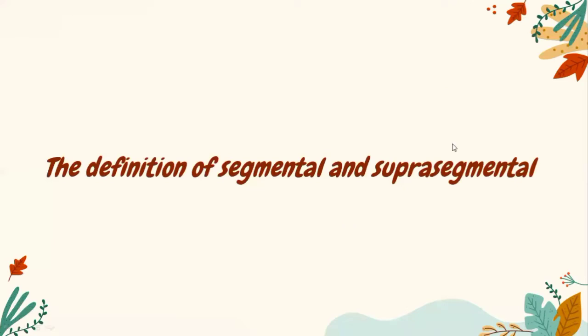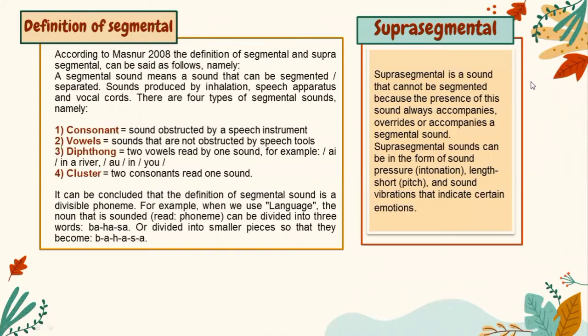The definition of segmental and suprasegmental sounds. According to Measure 2008, a segmental sound means a sound that can be segmented or separated. Sounds produced by inhalation, speech apparatus, and vocal cords.